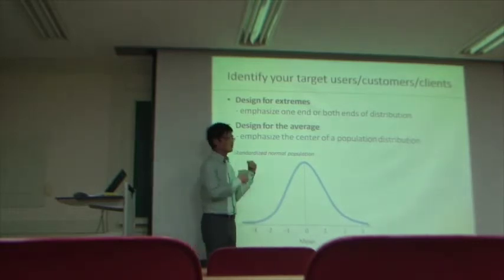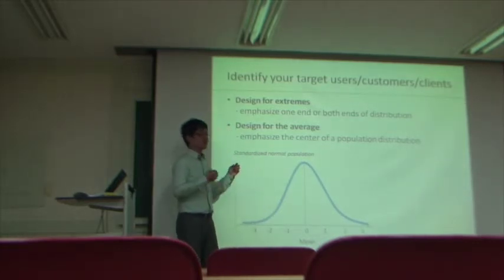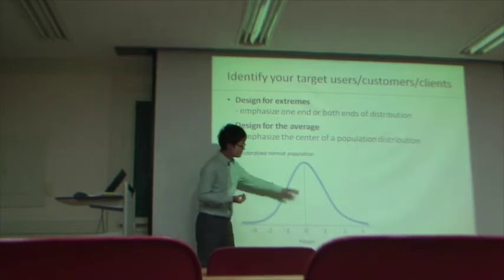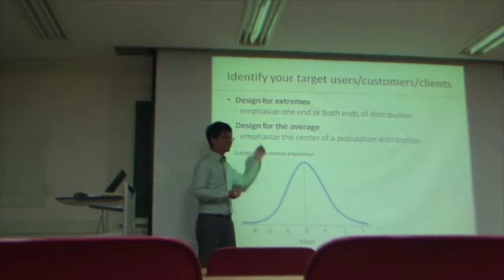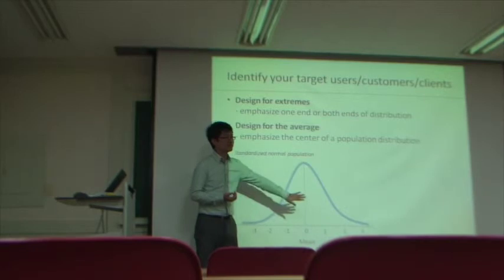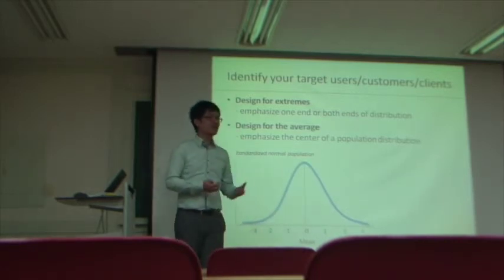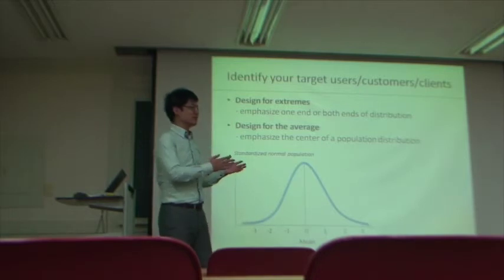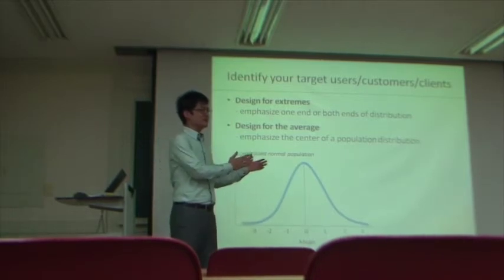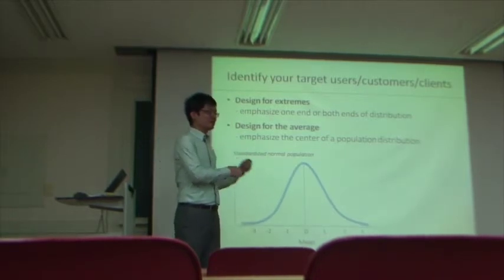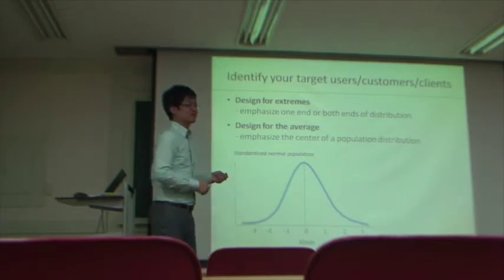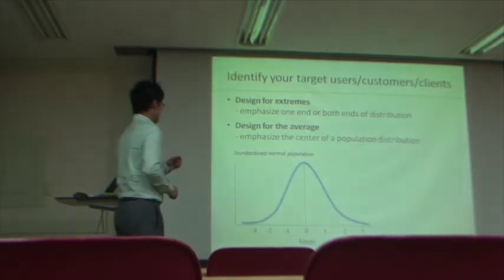So when you are thinking about your users, your clients, your customers, put this distribution in your head. Who are you focused on? Since if you focus on people that are rich, then the design will be different, right? Yeah. So keep this in mind.